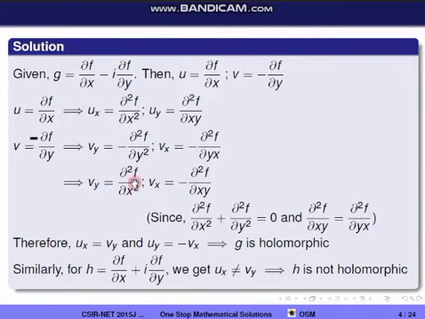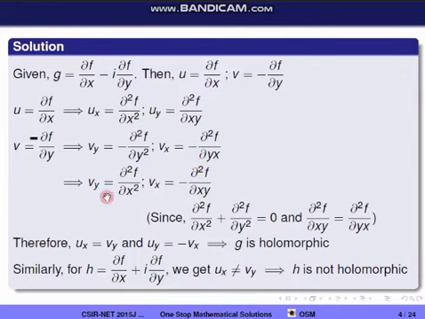If we look here, we can replace −∂²f/∂y² by ∂²f/∂x², since f is harmonic, so it satisfies this equation. And we know that ∂²f/∂x∂y = ∂²f/∂y∂x by the properties of partial derivatives. So vx can be replaced by −∂²f/∂x∂y.